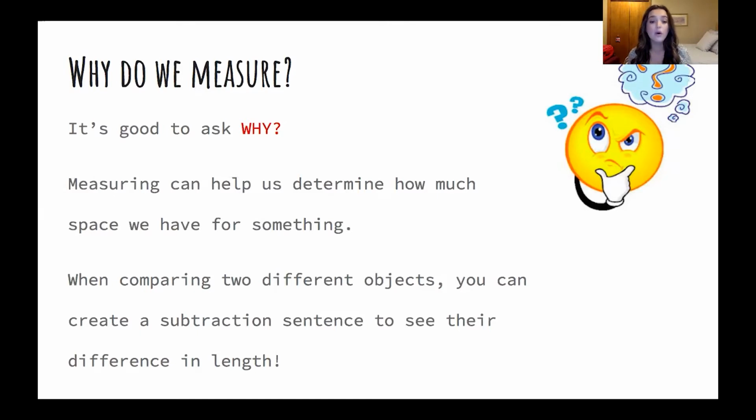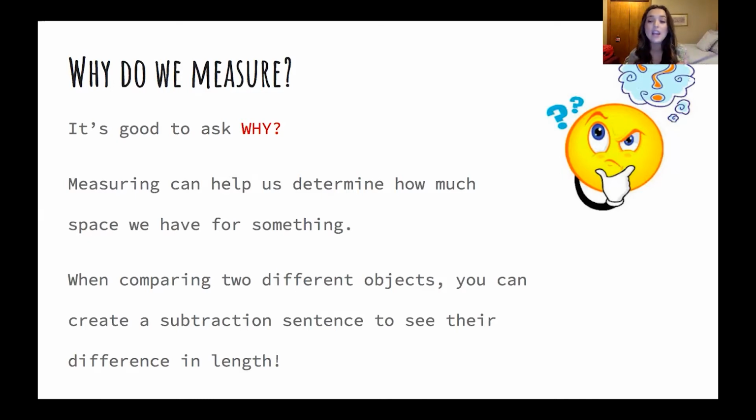So for example, if I have a bag to hold books, and my bag is, let's say, 12 inches long, but then my books are 24 inches long, do you think those books are too big for the bag? Yes, they are too big. And we know that just by measuring, we can see.